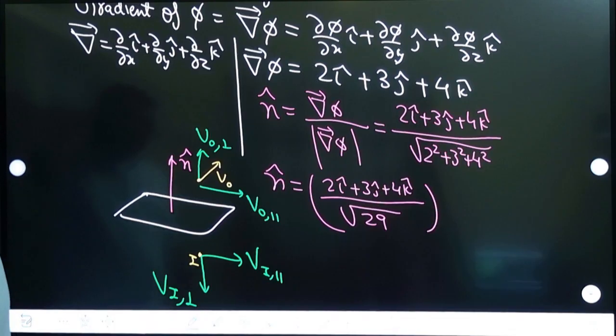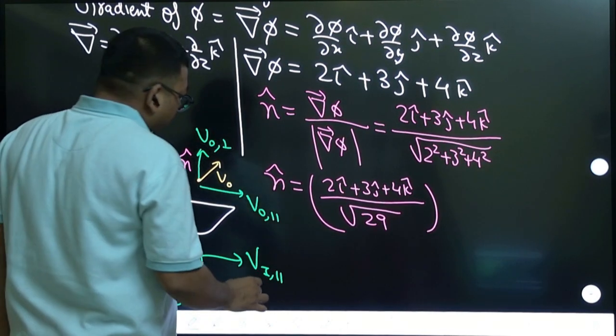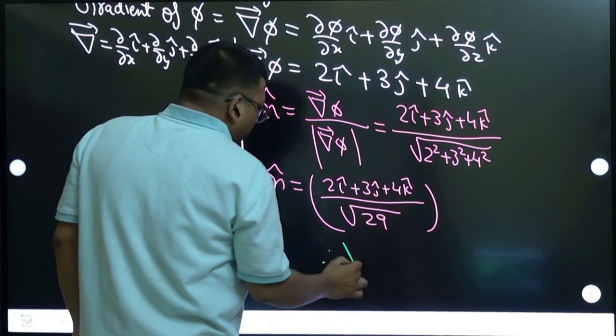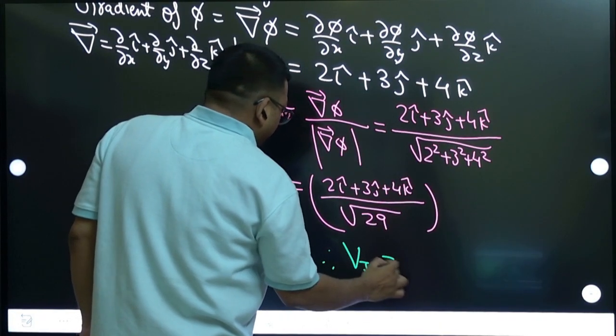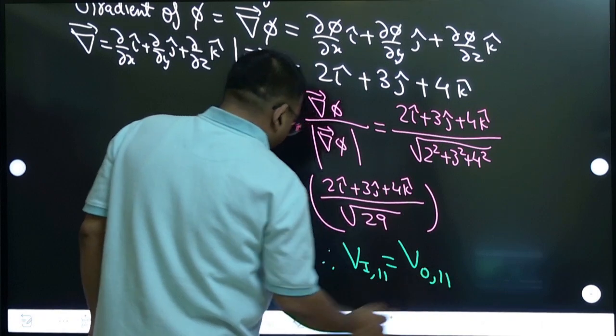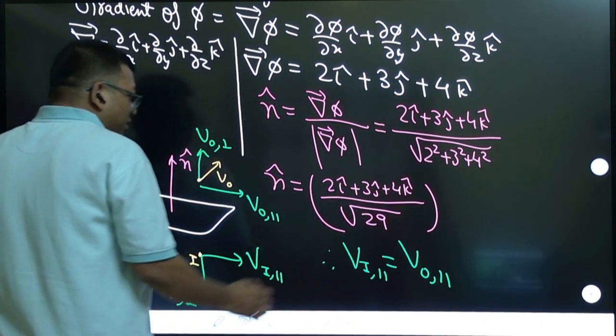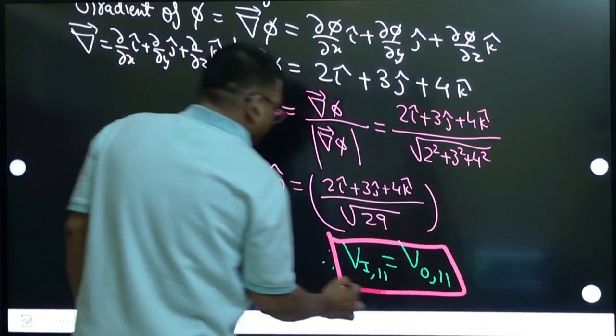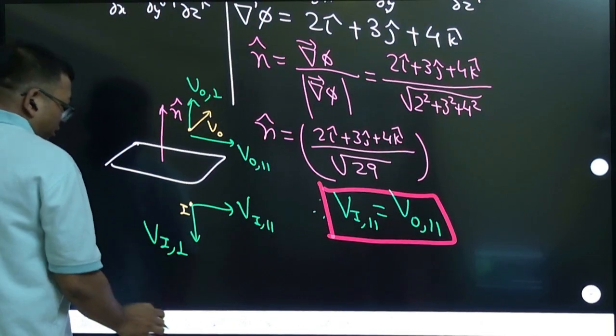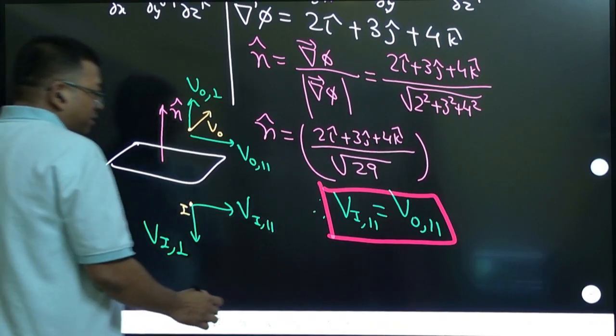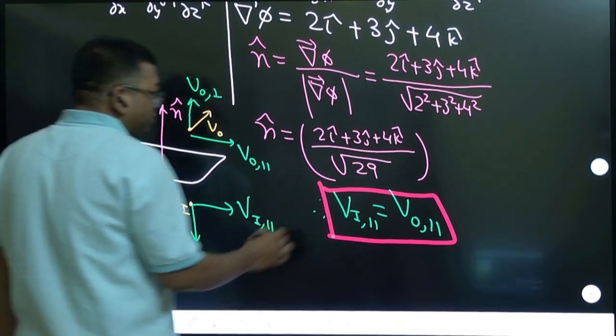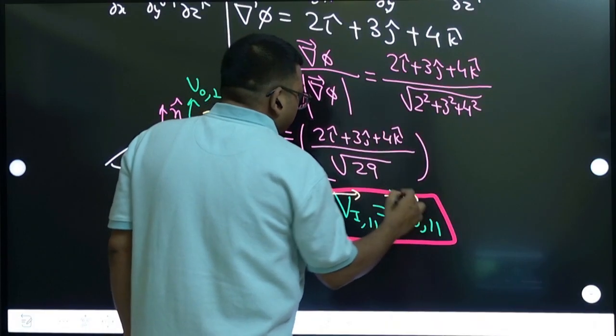So what will change is that velocity of image parallel will remain the same as object parallel. Clear? This we know already. In this direction it doesn't change. If you want, you can write them as vectors.